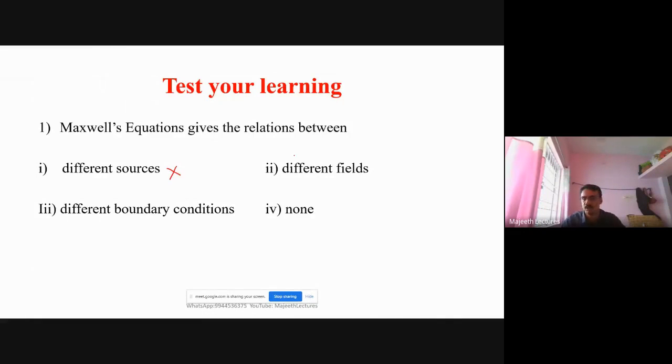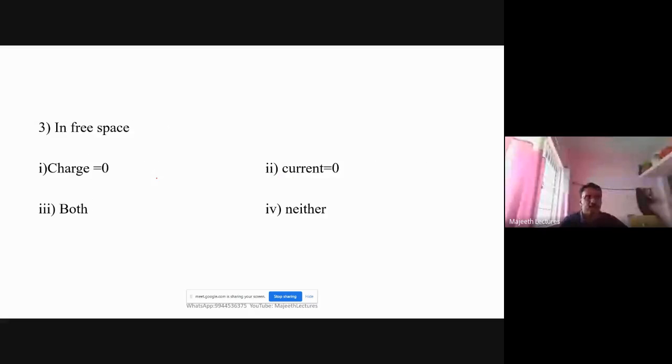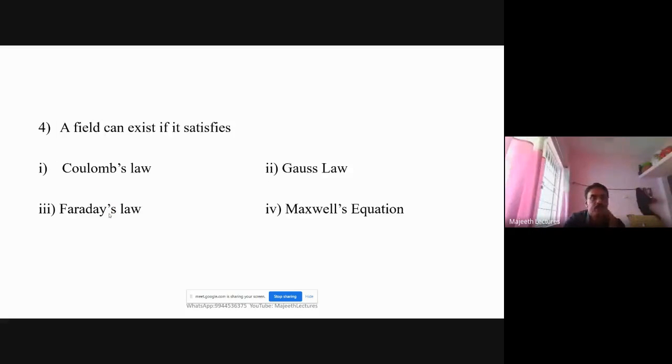No. Just now I told, it gives the relation between two fields, electric field and magnetic field. Next, del dot B is 0. It indicates there is no existence of magnetic monopole. So that is the correct answer. In free space, charge is 0, current is also 0. So our answer is option 3.